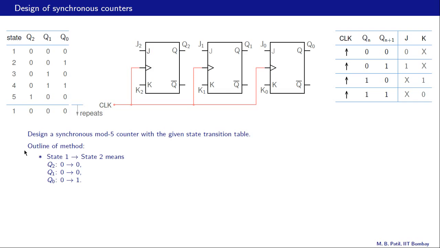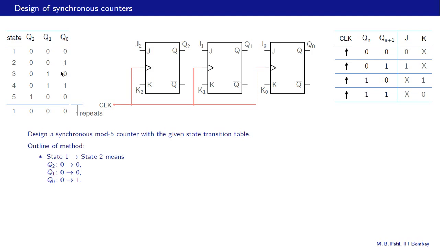Okay, here is an outline of the method that we will use. First, let us see the meaning of state 1 changing to state 2. What does that mean? That means we are going from this state to this state. That is, Q2 is changing from 0 to 0, Q1 from 0 to 0, Q0 from 0 to 1.